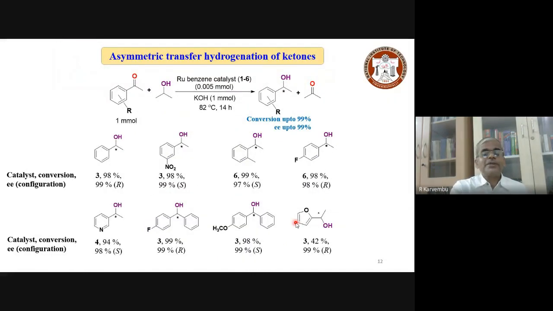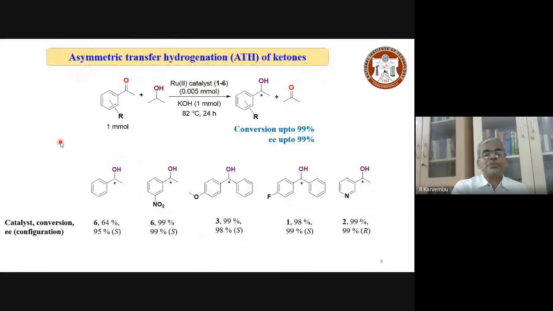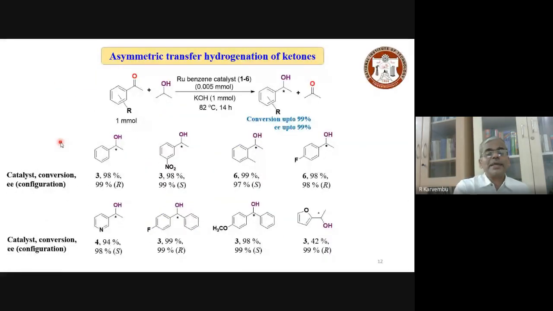Not only that, just look at when acetophenone is reduced, we got the S enantiomer when we used the parathymine catalyst, but when the benzene catalyst was used, the R enantiomer was obtained. It means you can tune the catalyst to obtain the desired alcohol. If someone wants to prepare S alcohol, they can use the parathymine complex.